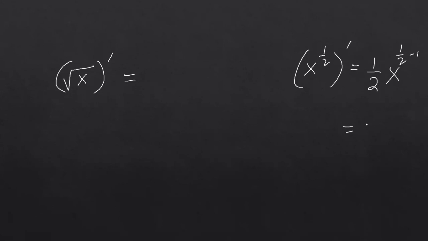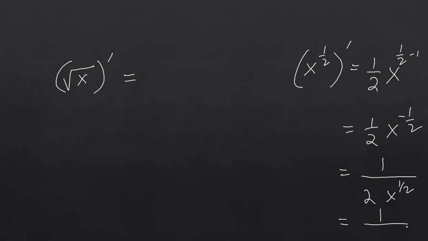In this case, it becomes 1/2 x to the power of negative 1/2. Then you can transfer this to the denominator. It can be written as 2 x to the power of 1/2, or somehow it can be written as 2 square root of x.